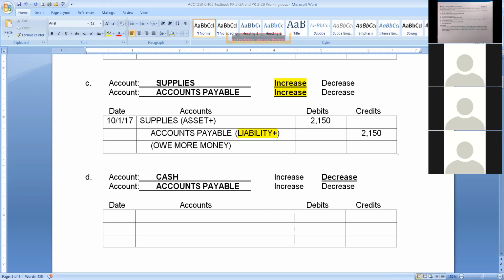So up here, this is where we sort of borrowed the money basically to get the supplies, right? We did an account. Down here, we're paying off that account. So our cash is going to go down, but our accounts payable is also going to go down. And if you think about it, how much do we pay? $1,100. If we paid $1,100 of this, we still don't owe $2,150. We owe $2,150 minus whatever $1,100 is. So we're paying off some of these accounts payable. So those are going to go down.